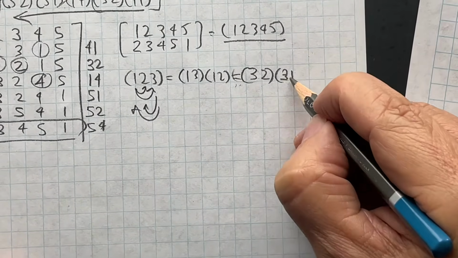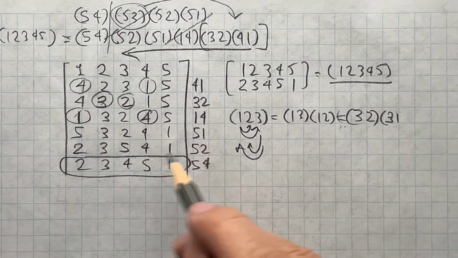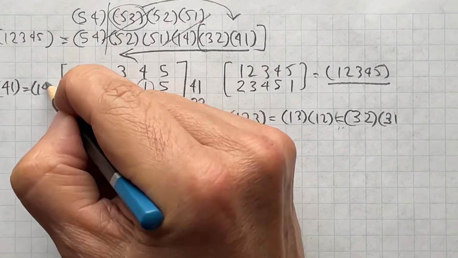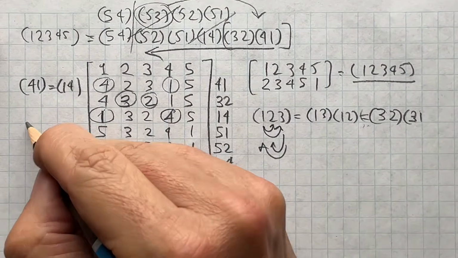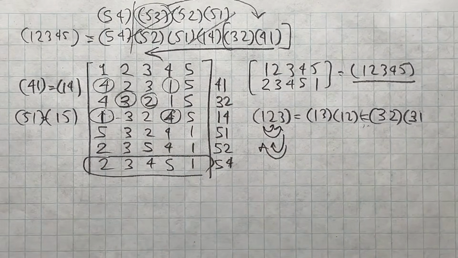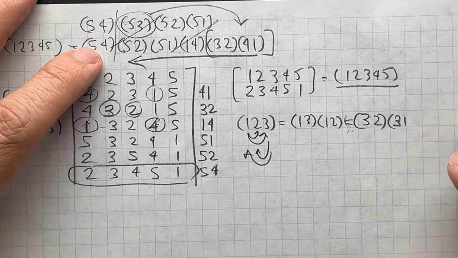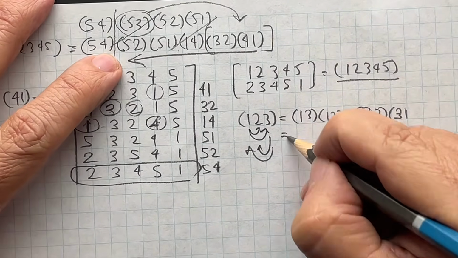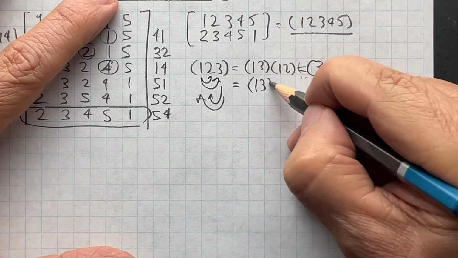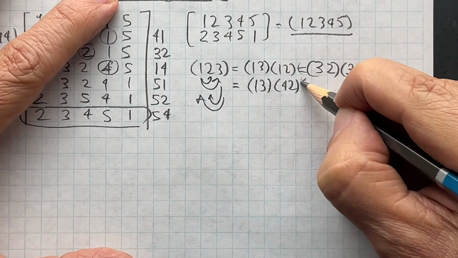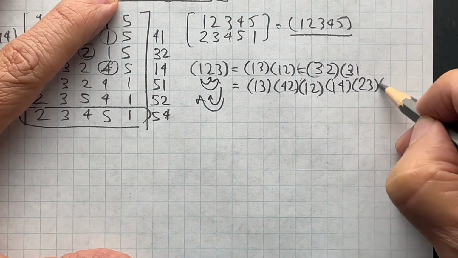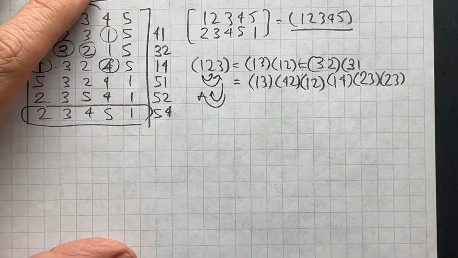And of course, as you saw how I did these, you can always flip these. (4 1) is the same as (1 4), right? And (5 1) is the same as (1 5). We're just switching them, so they're all going to be the same symbol. Okay, but the example from Rotman is (1 3)(4 2)(1 2)(1 4)(2 3)(2 3). Now, of course, here's a trick.